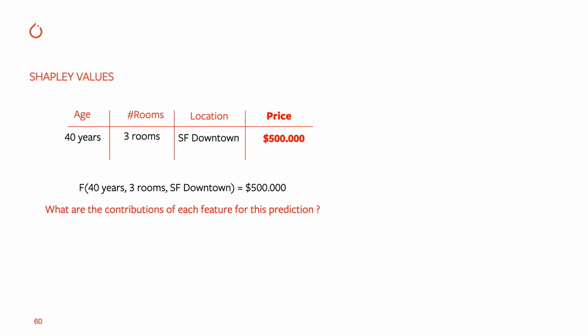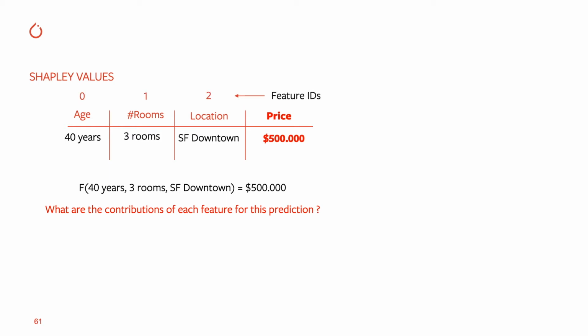Our model predicts that the price for the house is $500,000, and we would like to understand which of those 3 features, age, number of rooms, and location, have contributed to that prediction, and how much were the contributions of each of those features.